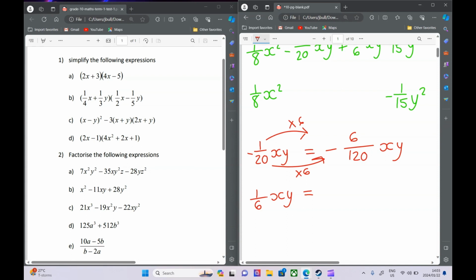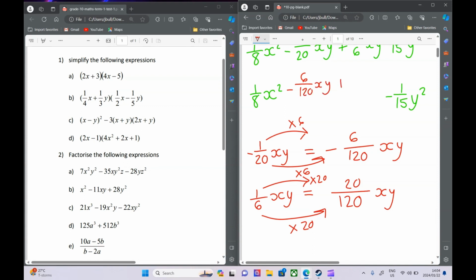I want the base to be 120 so I can actually add or subtract these. So 6 times 20 will give me 120. So I have to do the same at the top, 1 times 20. So I get 20 over 120 xy. Okay, so now in here we've got minus 6 over 120 plus 20 over 120 xy. And then we can simplify that.